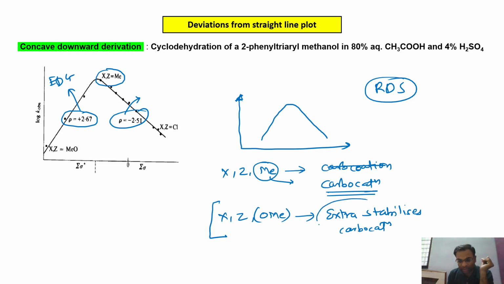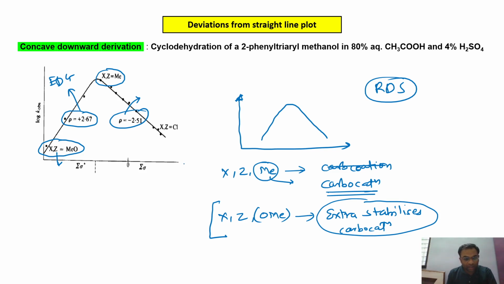As the carbocation gets extra stabilized, the attack of the phenyl ring becomes slower. The attack of phenyl, that is the rate determining step, the speed of the rate determining step becomes very slow compared to the methyl group, and therefore when X and Z is a methoxy group, the rate of reaction is very slow compared to when X and Z is a methyl group.